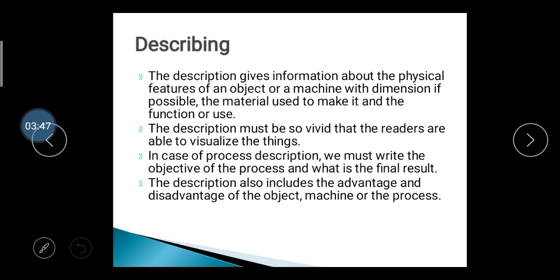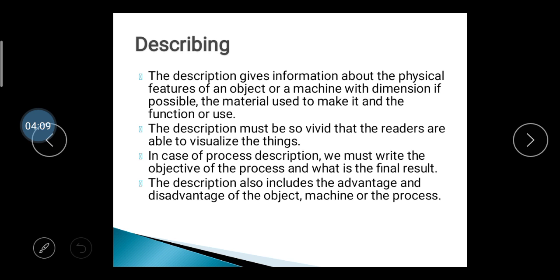The overall information is provided by the representative to you: that this machinery has this type of features, these are the advantages of this machinery, and these are the disadvantages of this machinery. Okay, so technical description is very important whenever you are doing business.